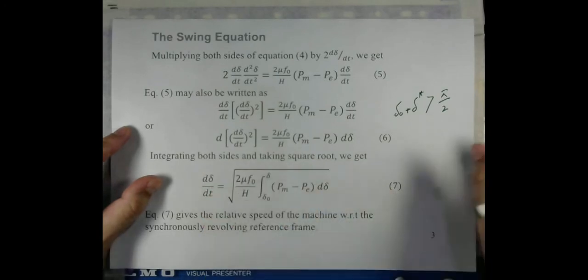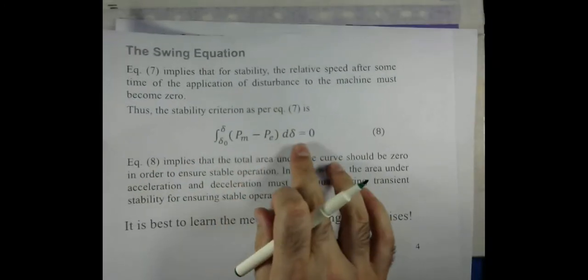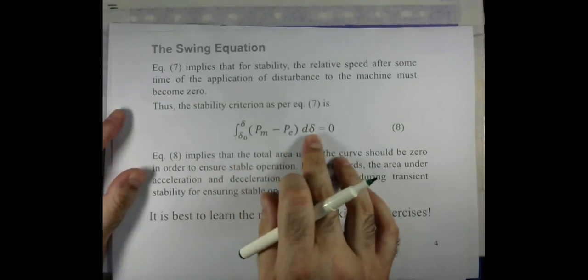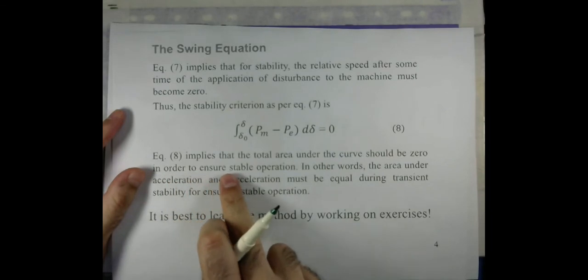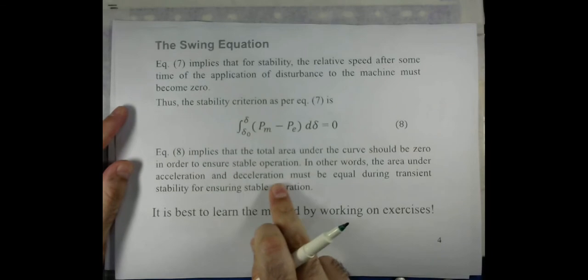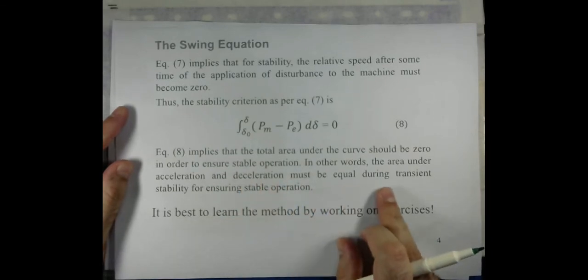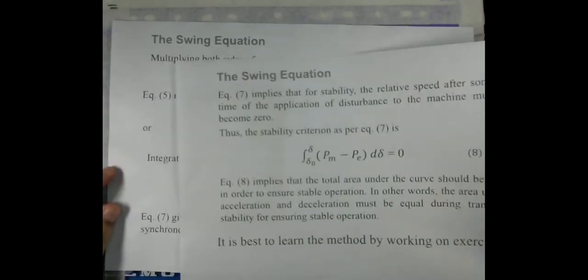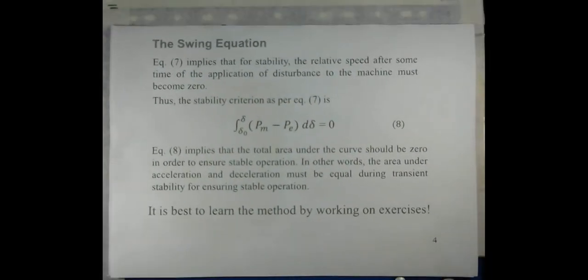And if we put this side equal to 0, we get this particular expression, and this states that the area under the curve should be 0 in order to ensure stable operation. In other words, the areas under the acceleration and deceleration, which we will discuss, must be equal during transient stability for ensuring stable operation. So the two areas will be equal. That's why this method is known as the equal area criteria. So if the equal area criteria is satisfied, the system will remain in stable operation.